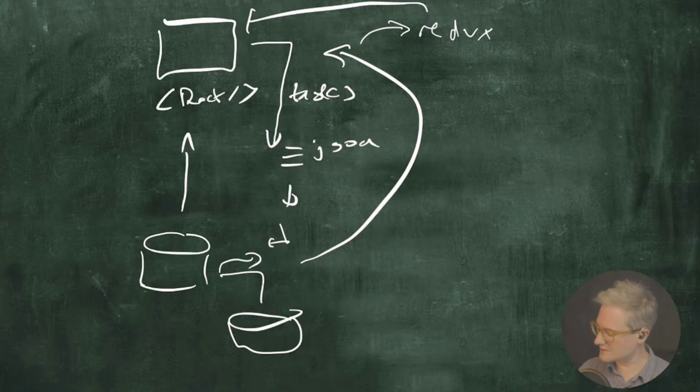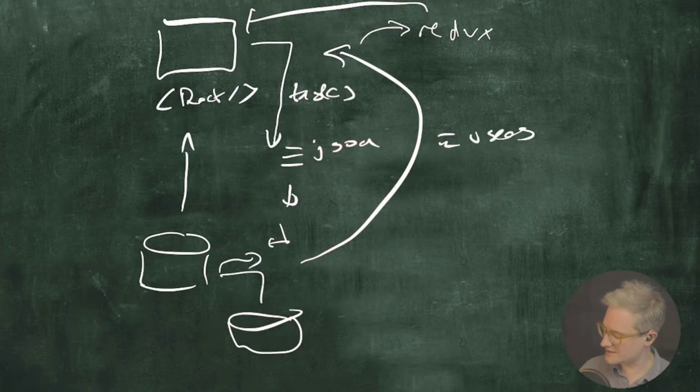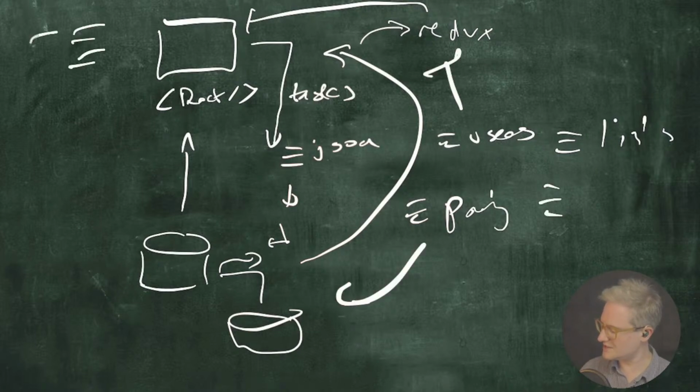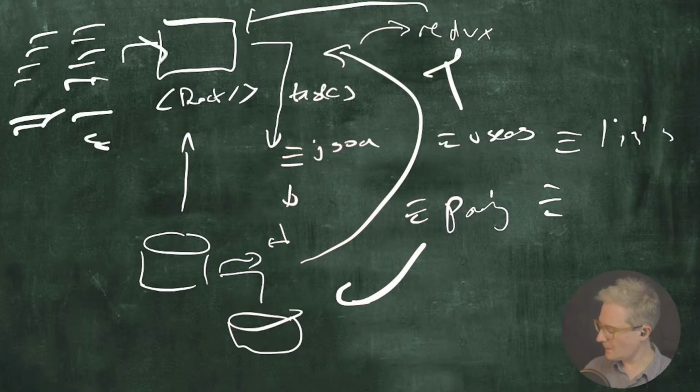Or what I was doing was just, okay, I'm going to maintain a list of all the tasks, a list of all the users, a list of all the lists, a list of all the projects, a list of all the things, and I'm going to keep as much as I need in the client. This is all going to be in here. This is going to be driving this view. And basically I'm juggling all of this data as it comes back and forth from the server.